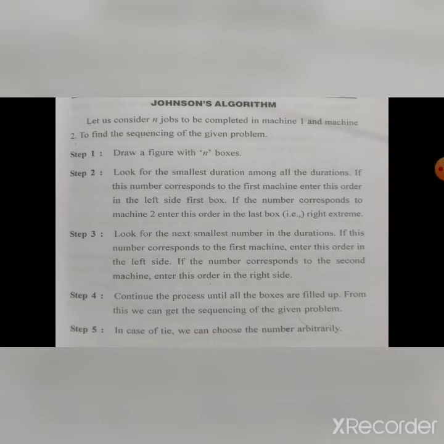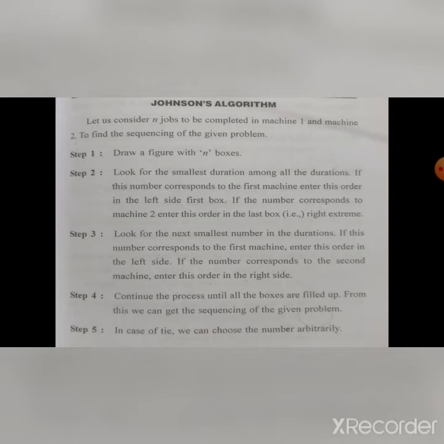So we are going for the first topic, that is processing of n jobs by 2 machines. For this we have one algorithm called Johnson's algorithm. Let us consider n jobs to be completed on machine 1 and machine 2 to find the sequencing of the given problem.